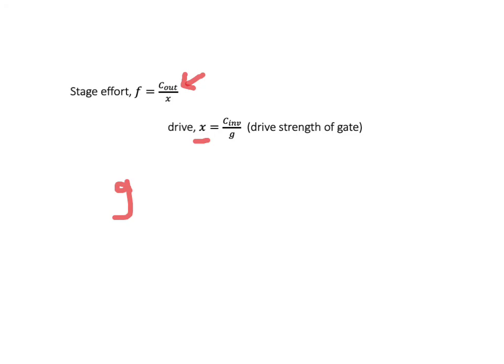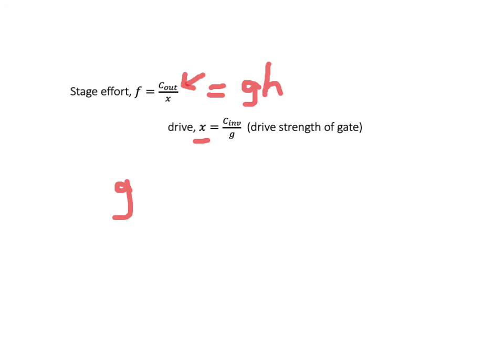So this is an alternative way. Instead of splitting this analysis into the logical effort, that is the differences between types of gates, and the electrical effort H, we can also do our analysis in terms of the true amount of the load at the output, that is C output, divided by the drive strength of the gate under design.